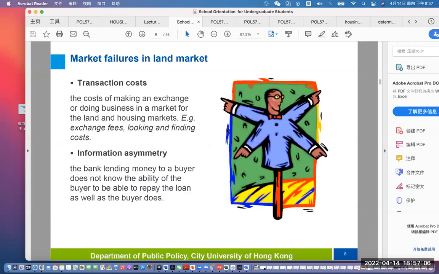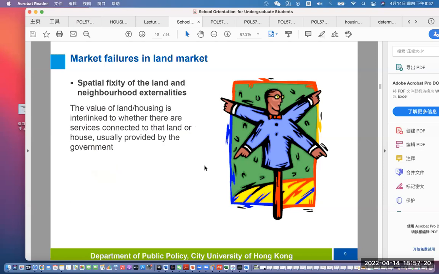And then the market failure for the regulations in the land market, because they have two important reasons. First one is transaction cost and information asymmetry. And they have shown the spatial fixity of the land and neighborhood externalities, etc.